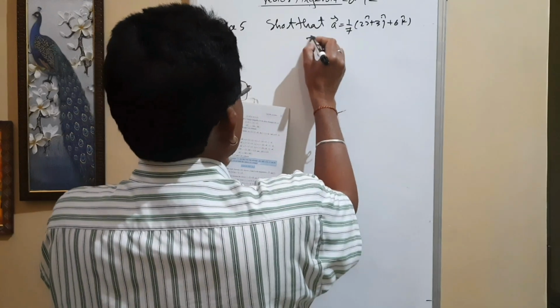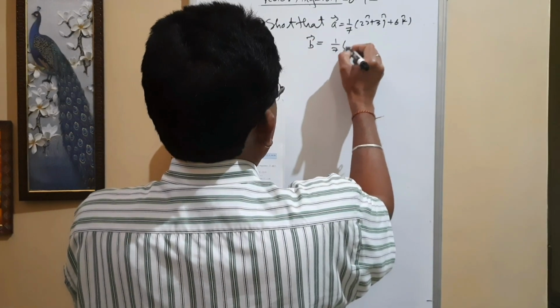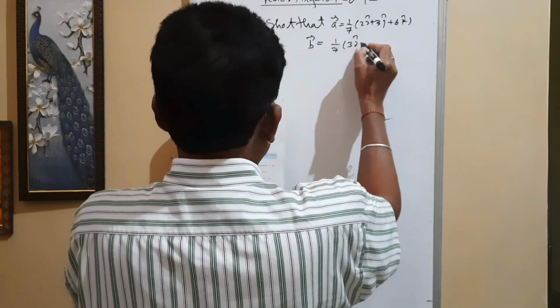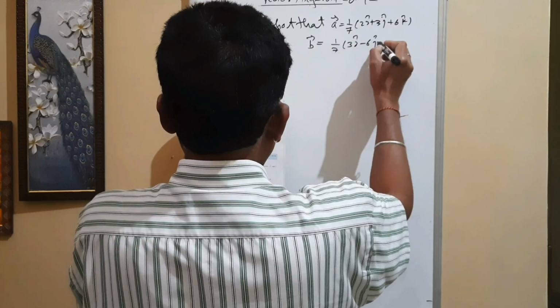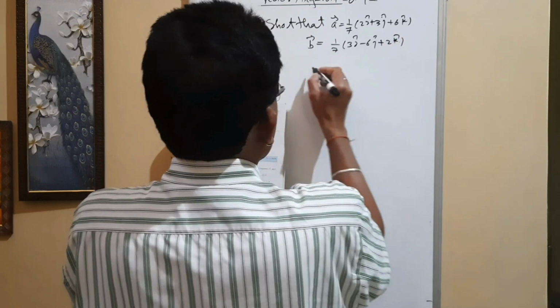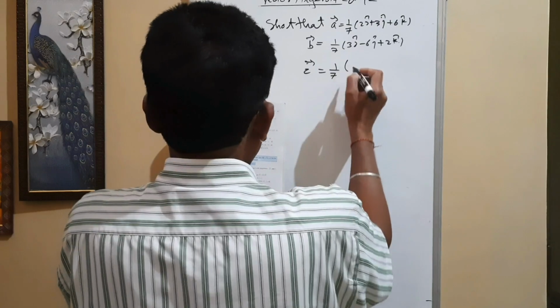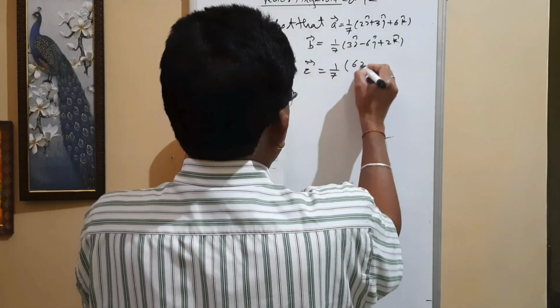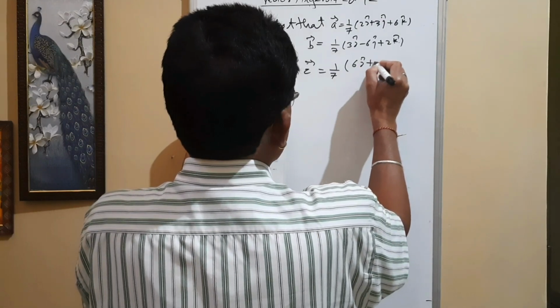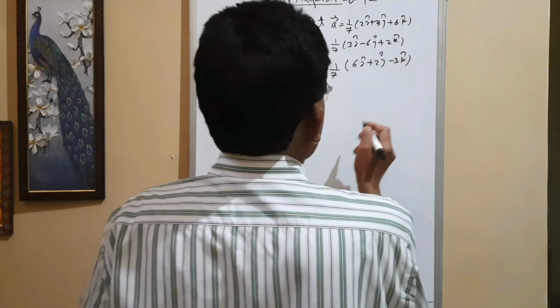Next, vector B is also there: vector B will be equal to 1 upon 7 times (3i minus 6j plus 2k). This is the next vector. Vector C is also given over here: 1 upon 7 times (6i plus 2j minus 3k). Okay. These are the vectors.